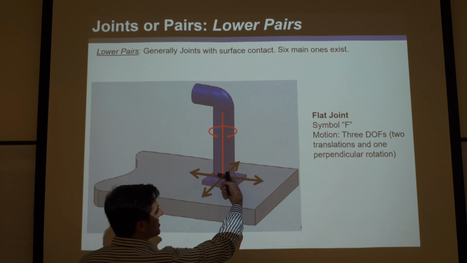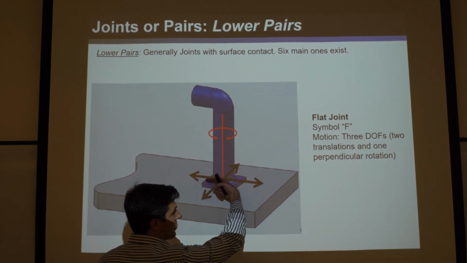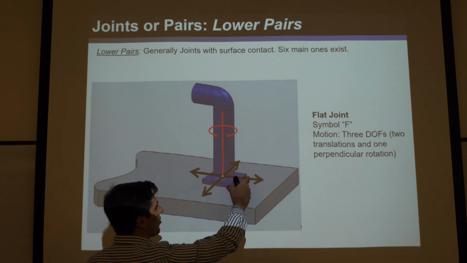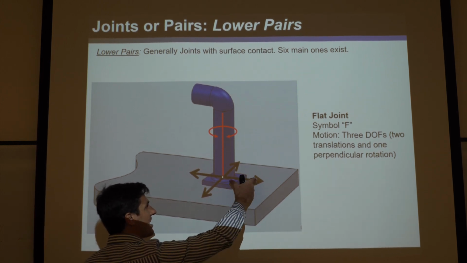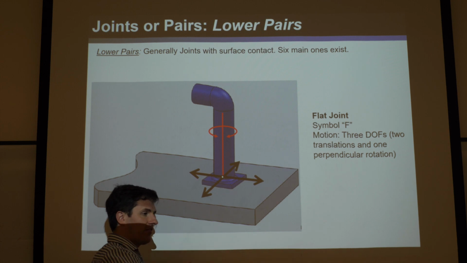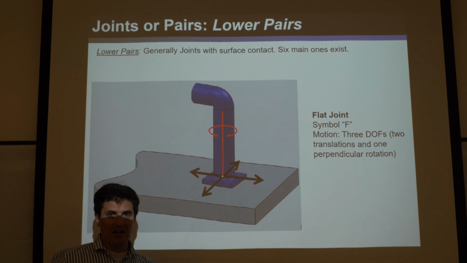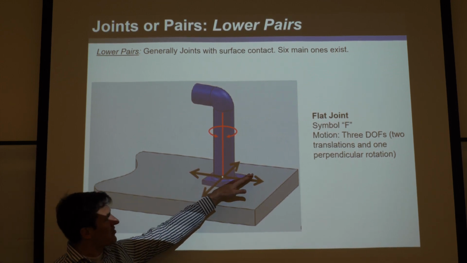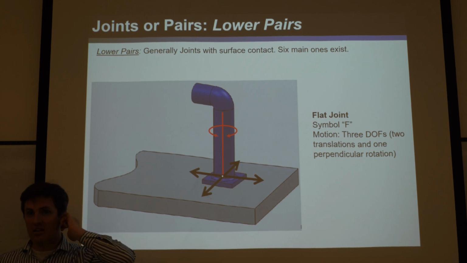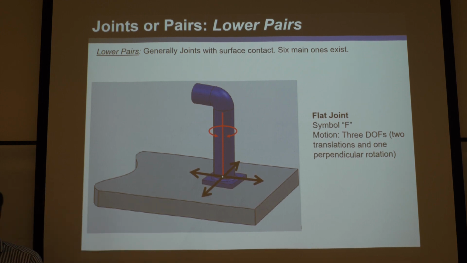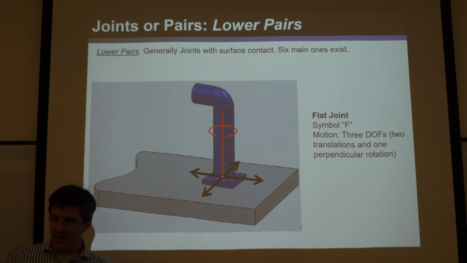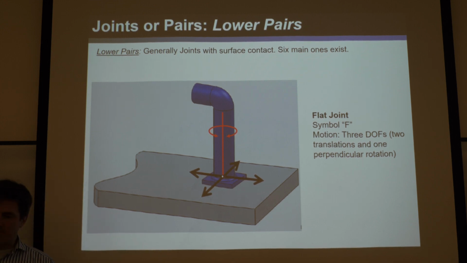Imagine if you rotated around this axis of one of the translations, one part of it would have to go into the stage, and the other part would get lifted off of it. And you can't do that. You can't go into it, obviously, but you certainly can't lift it off. That would break the joint, so it's not allowed. So that joint is a lower pair because it's just surface area contact, and it happens to have 3 degrees of freedom. Those are the 6 lower pair joints, and they're very famous, so you should learn them.